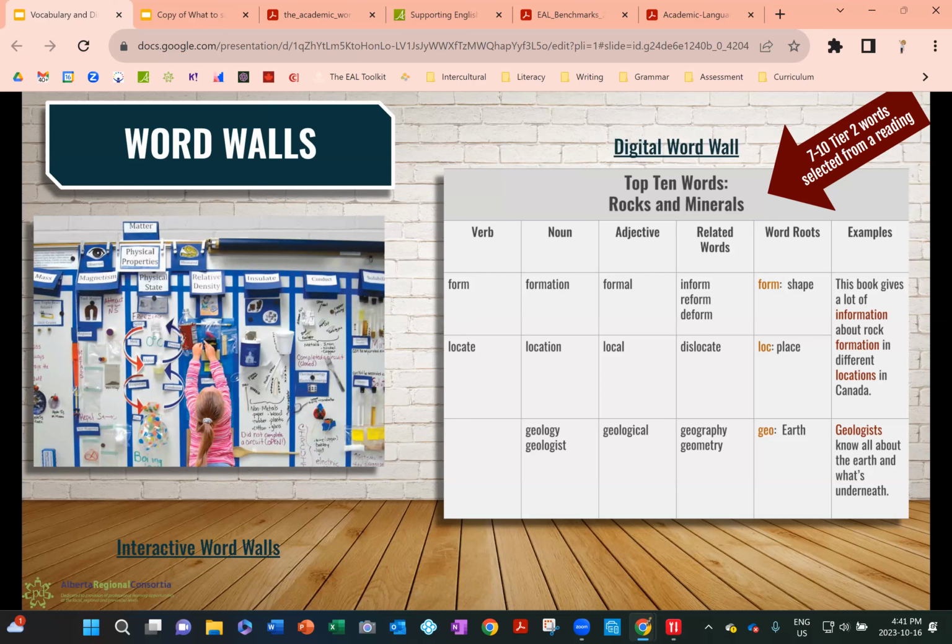I have a digital version that you are more than welcome to make a copy of, add to your Google Classroom, update it, and use it as you will, so that you can help students with the different parts of speech and understanding the related words.